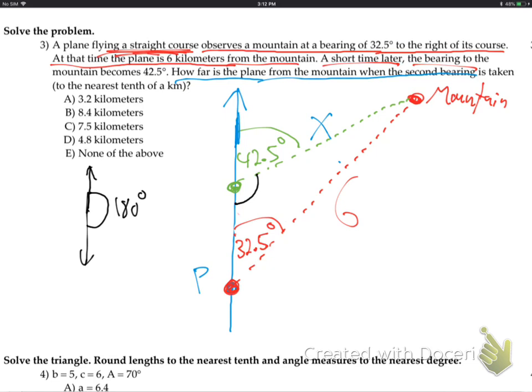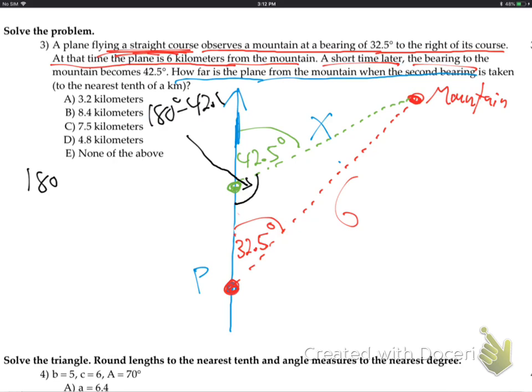So that means 42.5 plus whatever has to make 180 total, doesn't it? So I can find that other angle: 180 minus 42.5, which is 137.5 degrees. So this must be 137.5 degrees. Good?